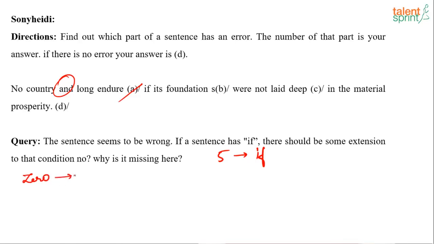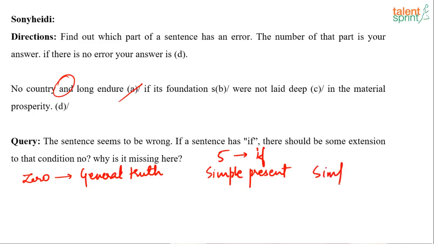This speaks about general truth. The tense that we use is simple present for this, and the main clause is also simple present. I will give you examples of each.